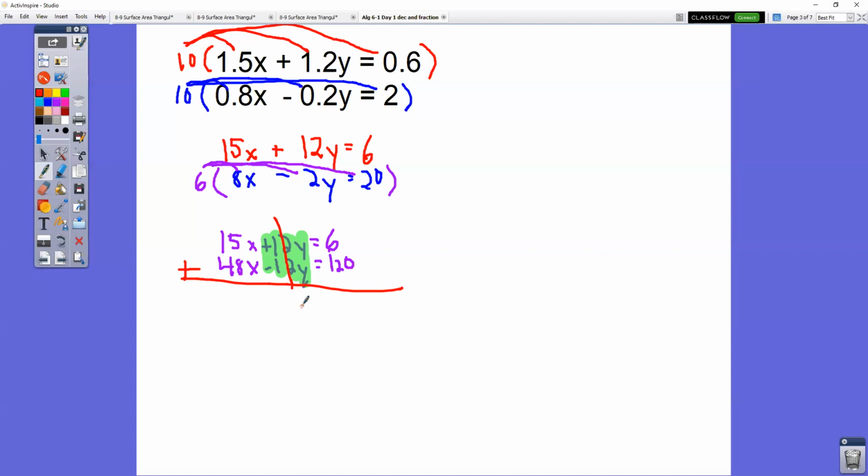When you go to sub it into your y, you should really sub it into the top equation, or the top set of equations that have your decimals. But it would not be wrong if you subbed it into the ones that you made into integers either. So really you could technically sub it into any of those four equations.